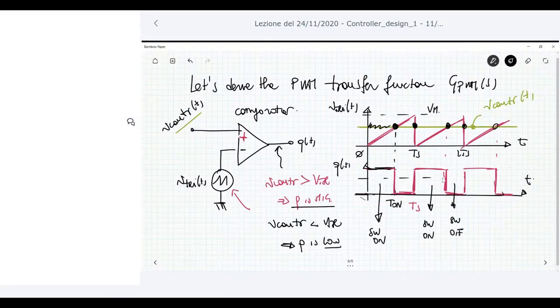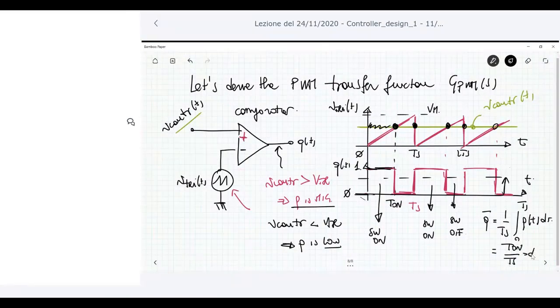Which is the average value of this quantity? The average value of Q is, let's say, 1 over Ts, the integral of Q(t) dt. If you suppose that this is 0 and this is 1, so the output voltage is from 0 to 1, okay, then this means that you have exactly T on over Ts.